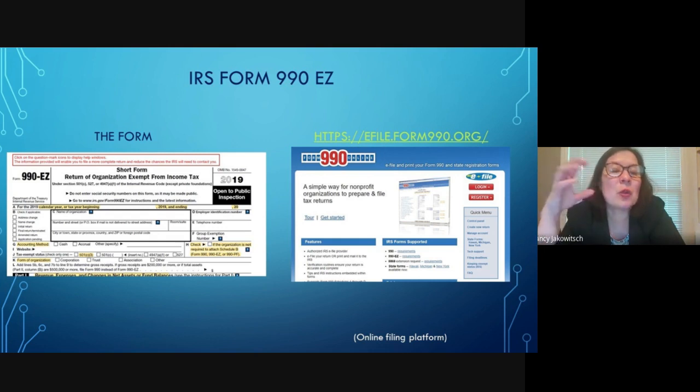And this is a way to disclose not only to the IRS, but to potential funders, potential partners, what your organization does. And so for that reason, you want to use it not just as a check-the-box compliance requirement, but also as something that can help your nonprofit continue to develop, including to share the information that you're doing with the community, ideally with an audience that includes funders.